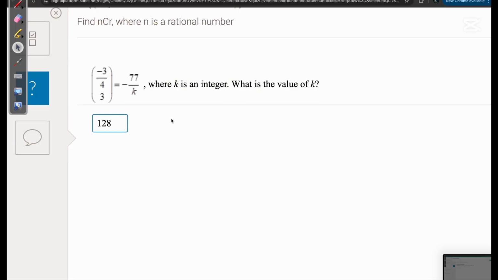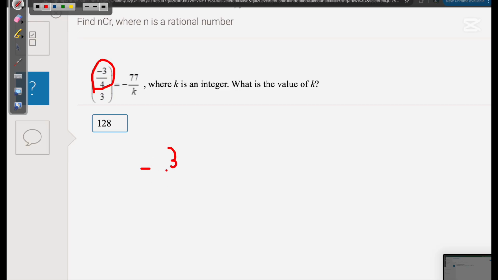So negative 3 over 4 C3 is equal to negative 77 over K. What is the value of K? You can't do this on the calculator, but there is a simple way of doing it. Since the number up is rational, like it's either a fraction or negative, we're gonna do this.